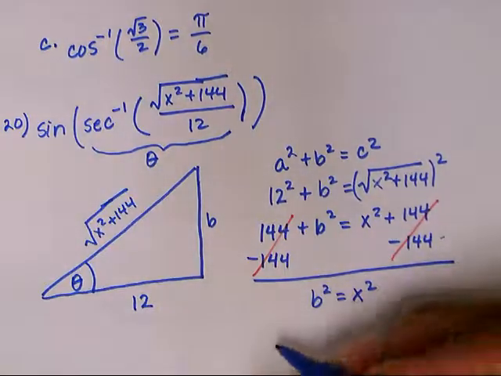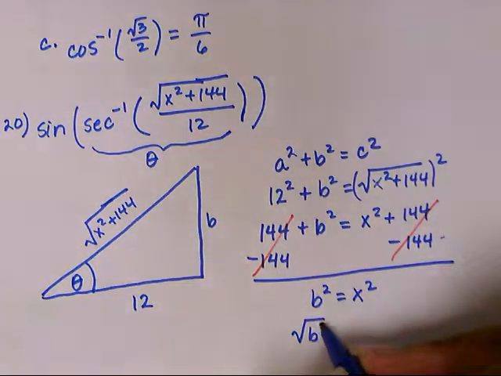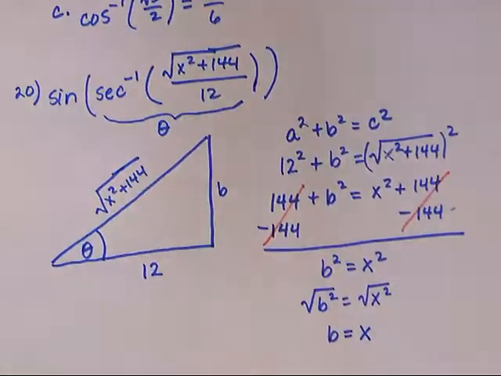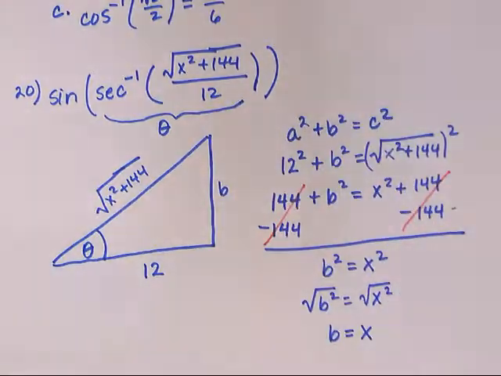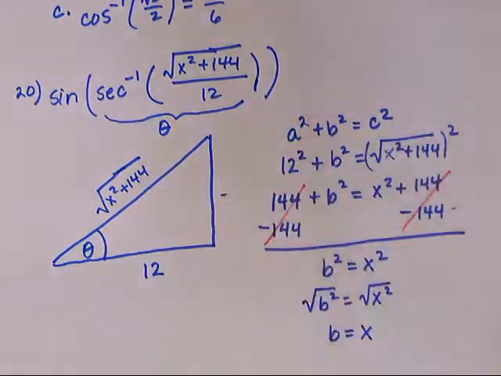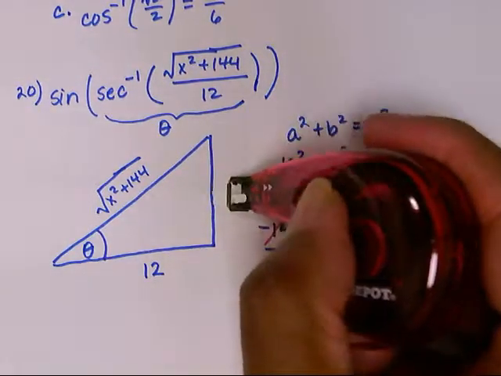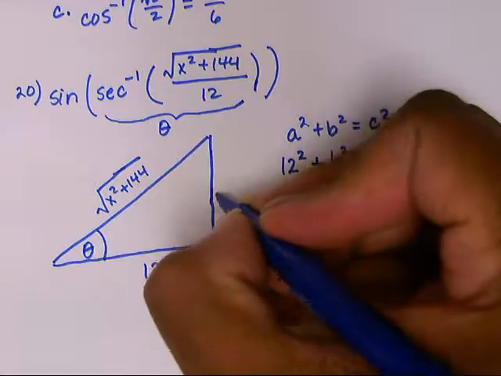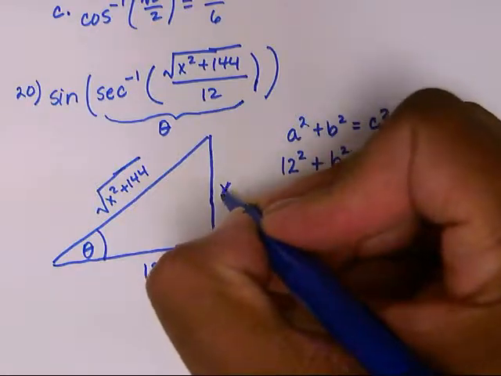Then to solve for B, we take the square root on both sides to get B equal to x. So the length of this side is x.